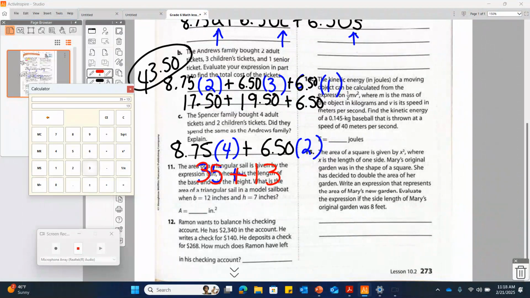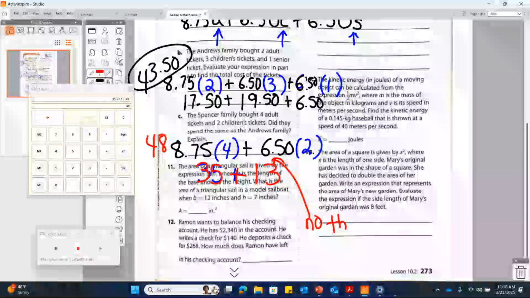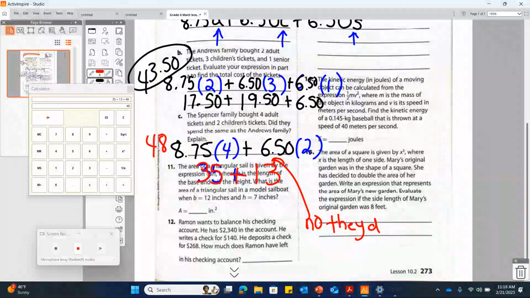Did they spend the same amount of money? No. So you write something like, No, they did not. Spencer family spent more.